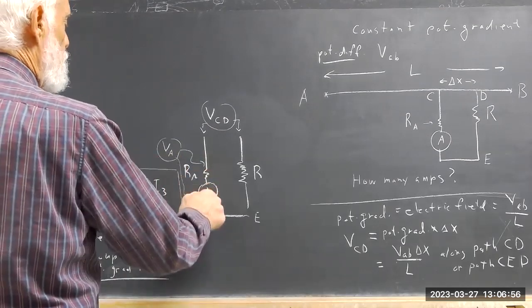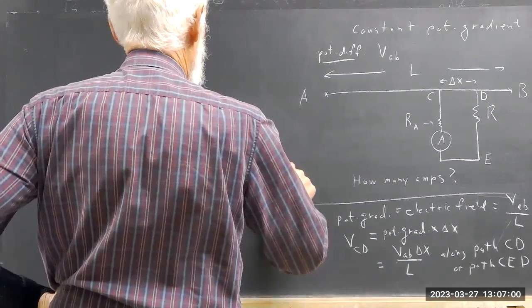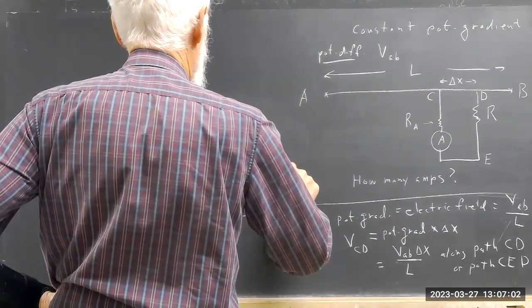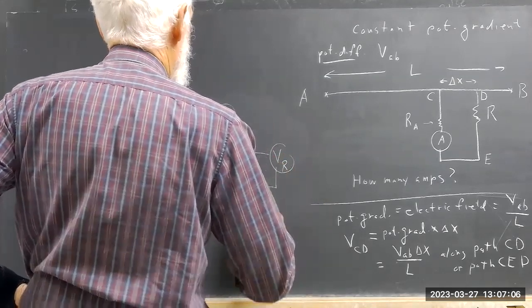Got some voltage across the ammeter. We have some voltage across the resistance.